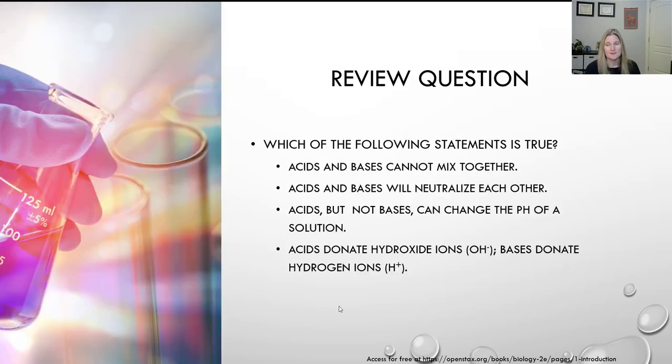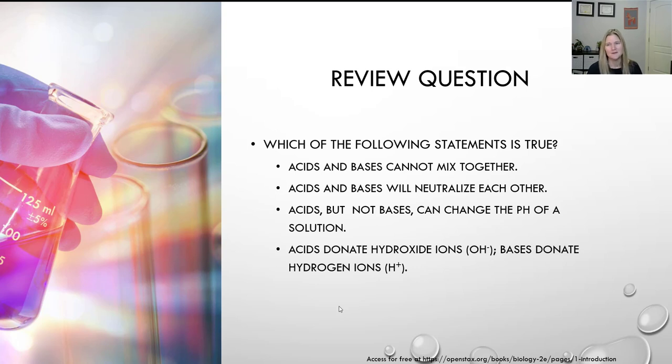Which of the following statements is true? Acids and bases cannot mix together. Is that true? Can I take something like ammonia and bleach and mix them together?